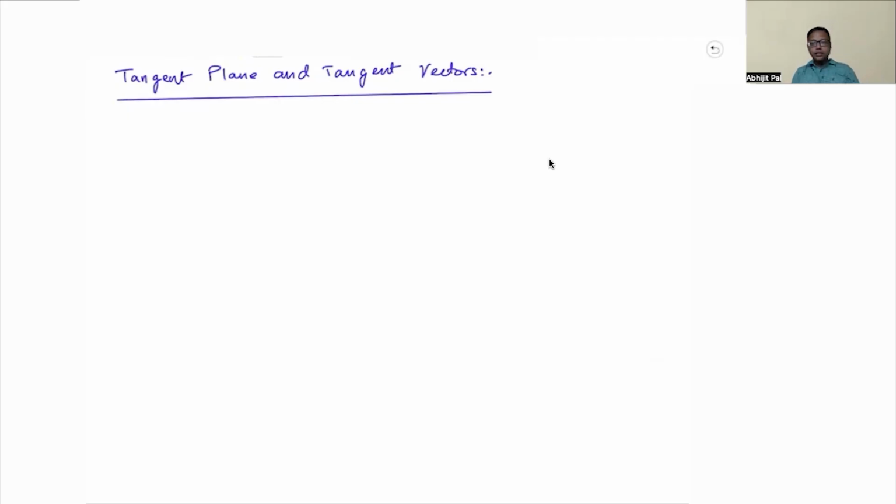Okay, so let us start with a regular surface in R3. So let S be a regular surface in R3.